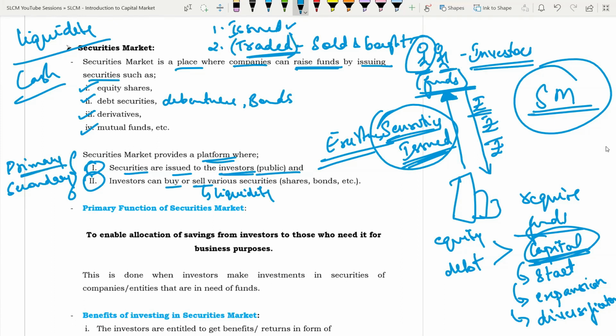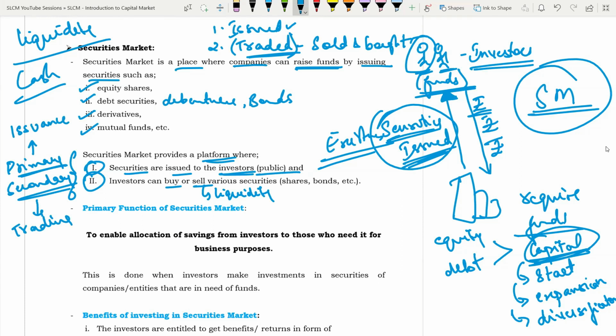The shares which are issued in the primary market will be traded in the secondary market. So primary market is going to be associated with issuance of securities, whereas secondary market is going to be associated with trading of those issued securities.